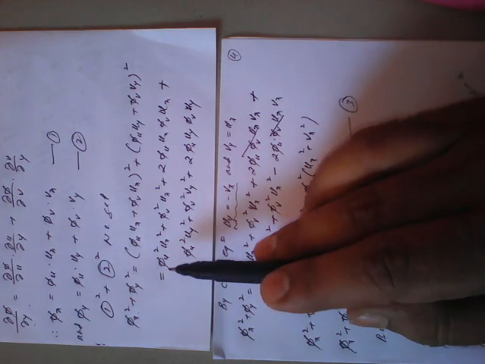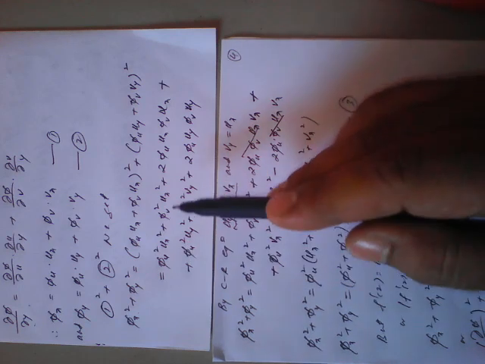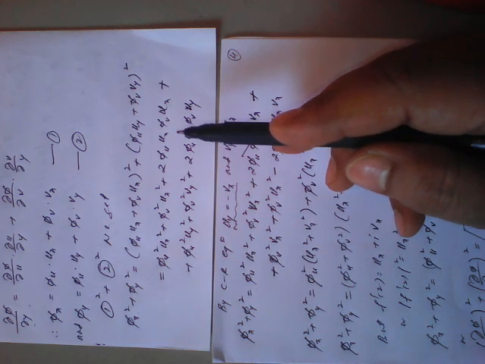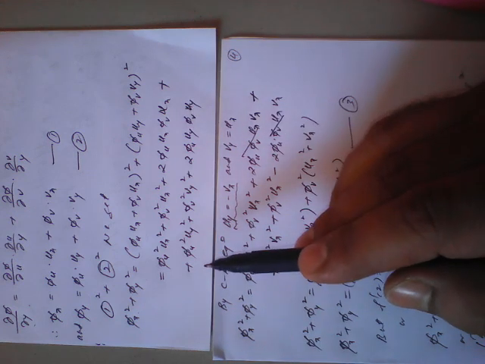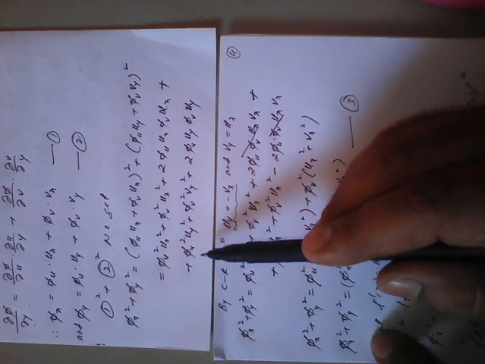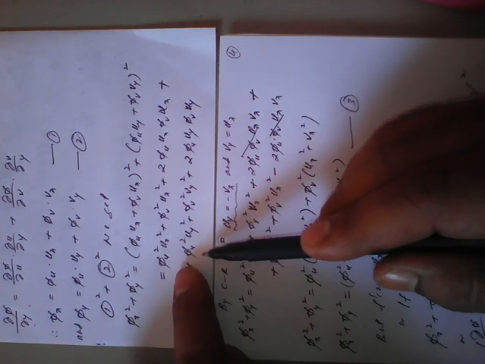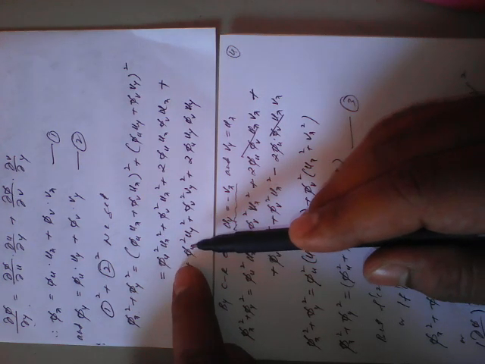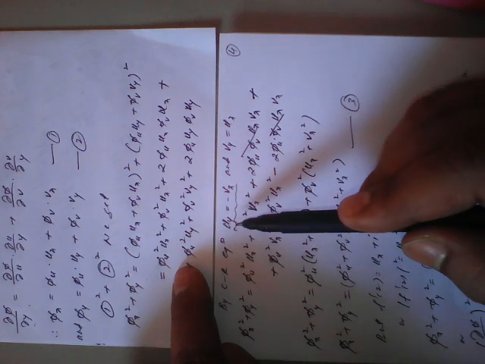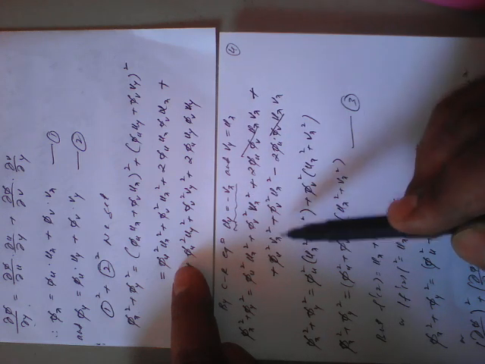So the first term, phi u square into u x square, we will keep as it is, from the first a plus b whole square expansion. Plus the second term we will change: phi u square as it is, instead of u y square we will write v x square.